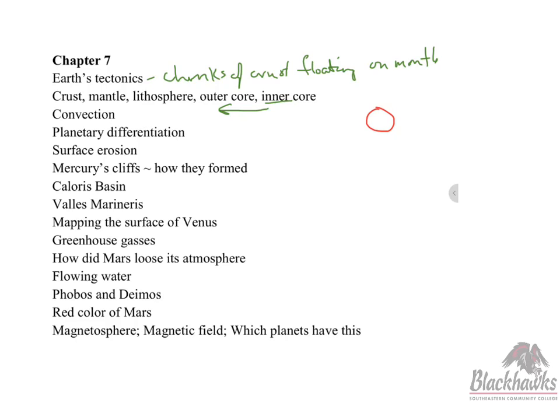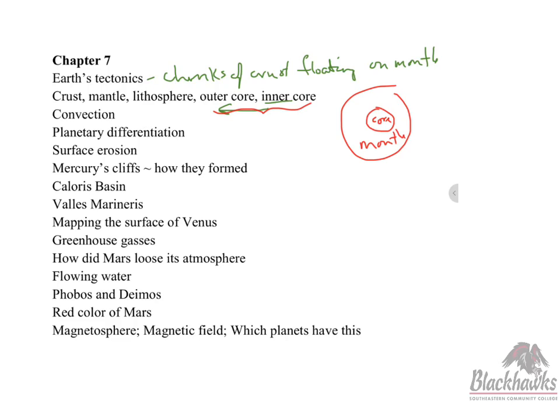So we have the core, okay, and I'm not going to emphasize it much this semester, but honestly there's an inner core and there's also an outer core. You can just kind of combine those together for now, if you want. But after the core, we have the mantle. And then beyond the mantle, we have the crust.